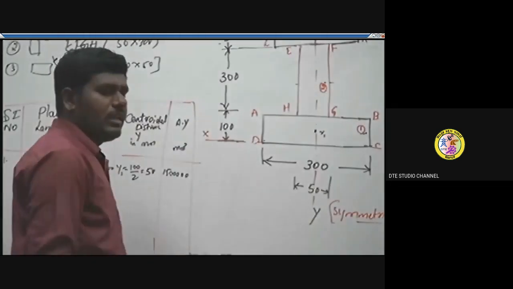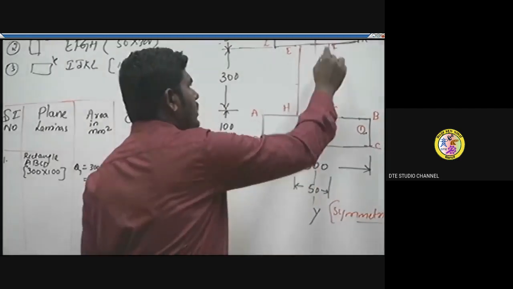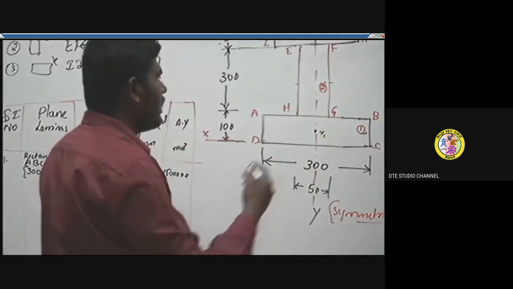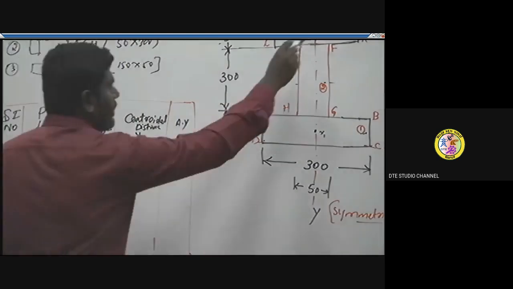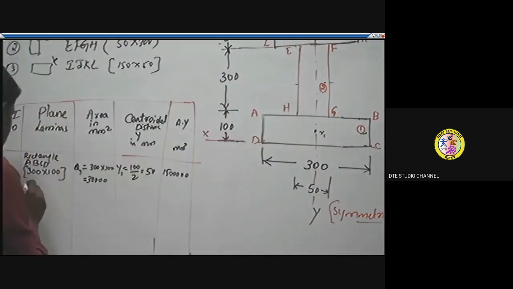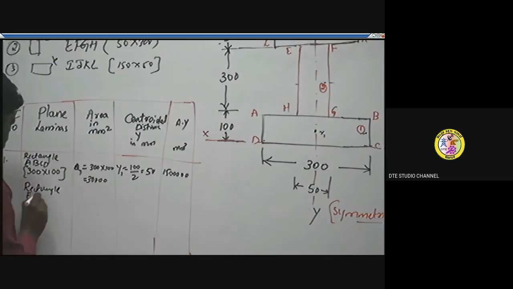In a similar way, let's get the y coordinate of the web, that is EFGH, and its area. The next plane lamina also looks like a rectangle. Yes, the shape is a rectangle. You can write that, the rectangle is named EFGH.